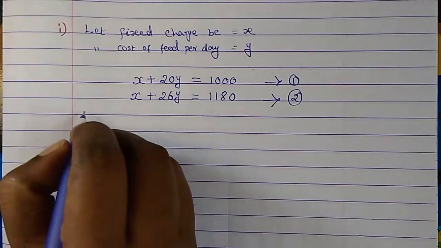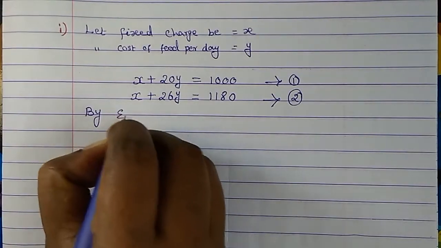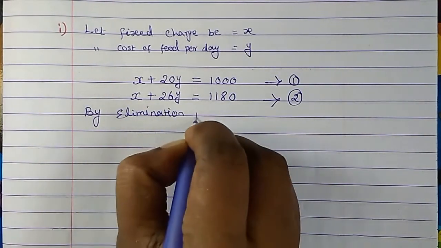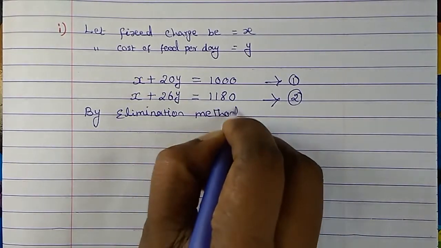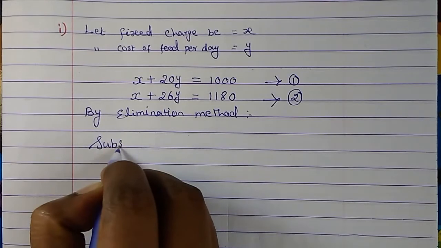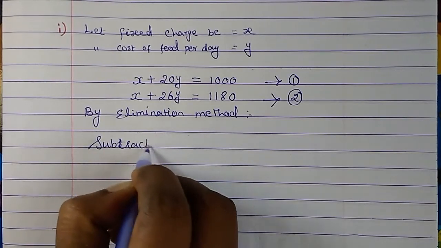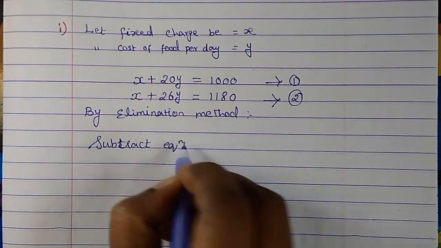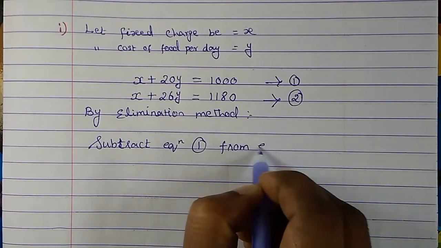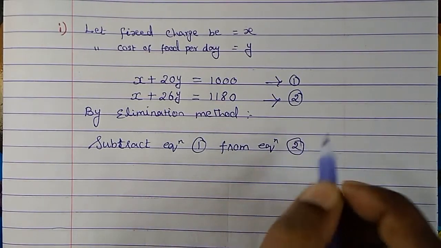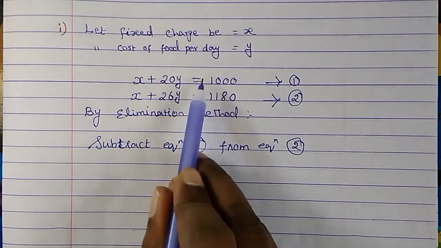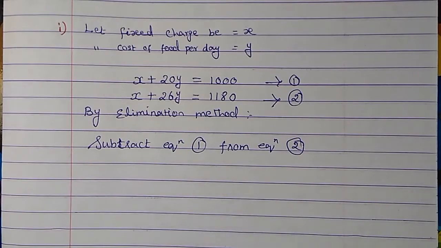So by the elimination method, subtract equation 1 from equation 2. Equation 2 has the bigger number, so from equation 2 we'll subtract equation 1.